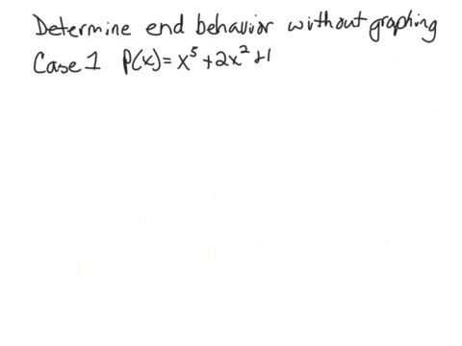So we're going to look at different cases for determining the end behavior without having to graph. And all this has to do with when you think about my x values approaching positive or negative infinity, we have to think about what happens with large numbers. So let's say my x value is 100,000. Well, think about how much bigger 100,000 to the 5th power would be compared to 100,000 squared.